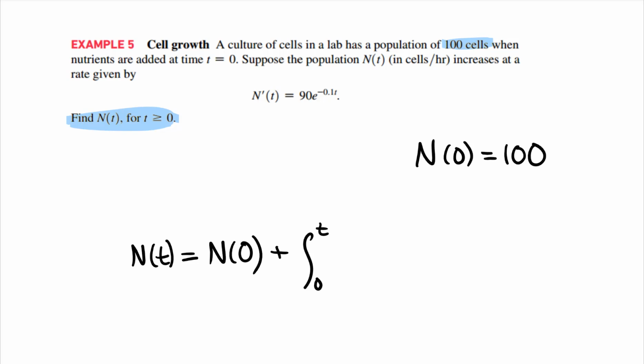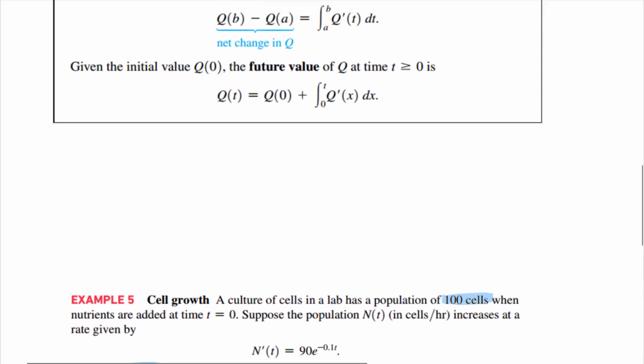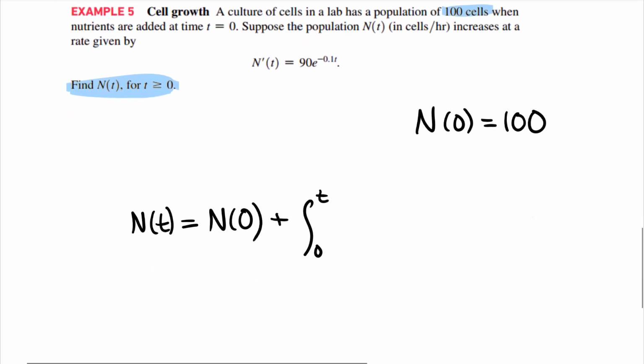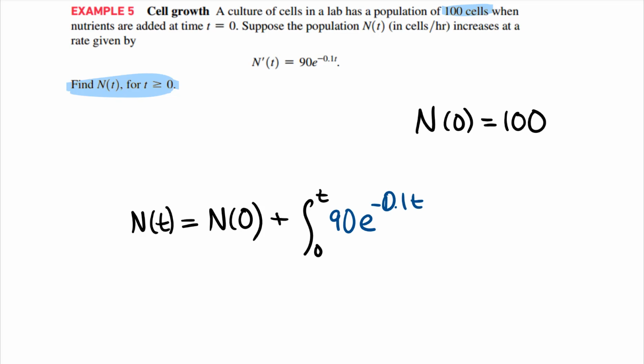Notice how they use the x in Q prime of x. We need a dummy variable here. So I'm going to say that this is 90 e to the negative 0.1 x dx. And you're like, what? Yeah, we need a different variable. We're trying to just create something here.